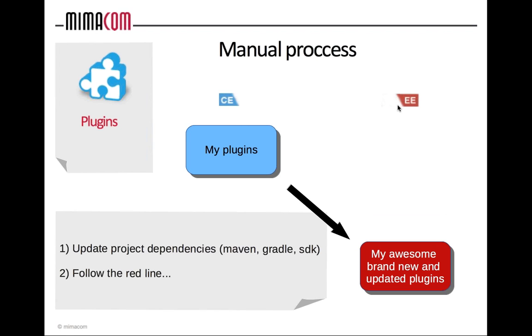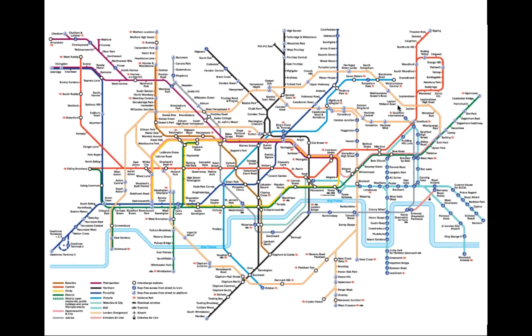And how should I do this kind of job? Okay. The first thing that we need here is to update our project dependencies. I mean, if we work with Maven or Gradle, or if we are using the Liferay SDK or Liferay Developer Studio or whatever, we will need to point our Liferay version to our target version.